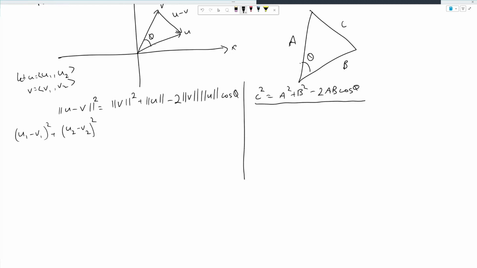Okay, and because this is the length, so it's the length of these two subtracted, square root, but then you square everything, okay, and then which is equal to the length of v, which is given by v1 squared plus v2 squared plus the length of u squared, u1 squared plus u2 squared, minus, and we're just going to leave this, 2 length of v length of u cosine theta.